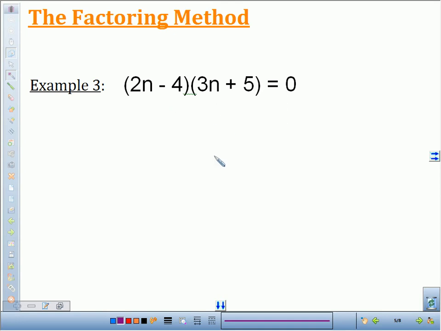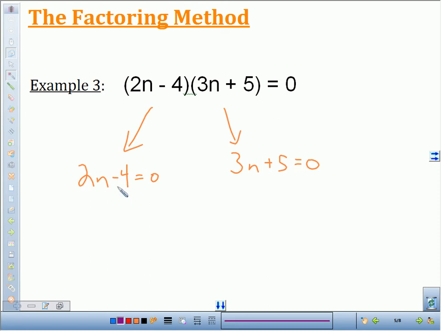But I want to use this zero product property to find where it crosses the x-axis instead. So according to the zero product property, since 2n minus 4 times 3n plus 5 equals 0, either 2n minus 4 equals 0 or 3n plus 5 equals 0. And we need to solve both of these equations for n, and those will be our solutions.